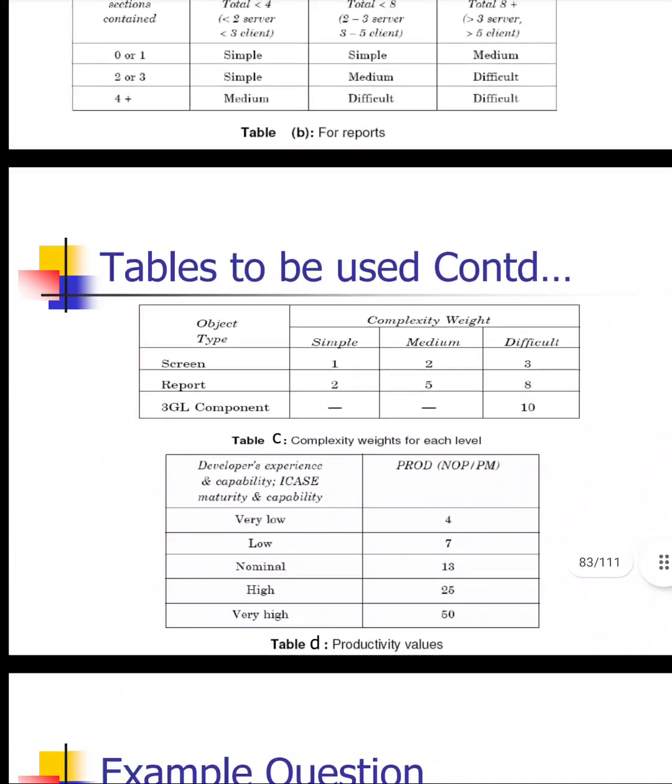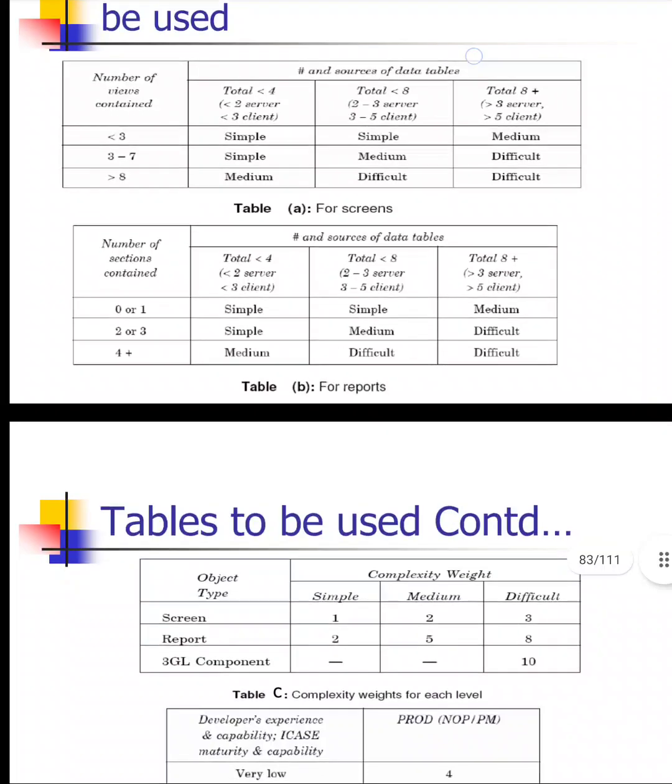So from this table we will see the number of reports is 2 with 6 sections, so the number of sections becomes 4 plus, and there are 7 data tables, so less than 8, and it includes 2 servers and how many clients?